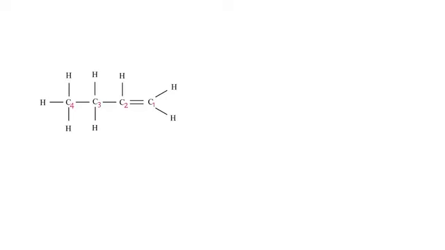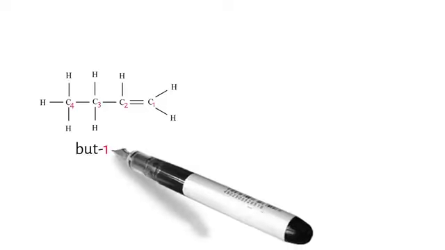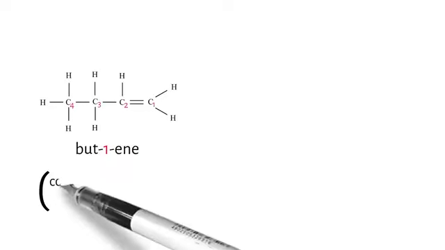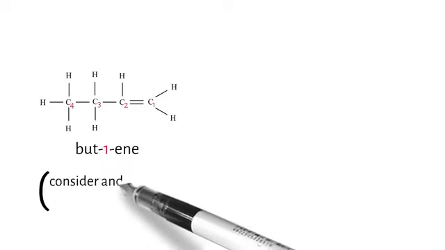But because ene, which is taken from alkenes, we have to specify the double bond. So when we write it down, we will write but-1-ene. And the 1 indicates where we found the double bond.